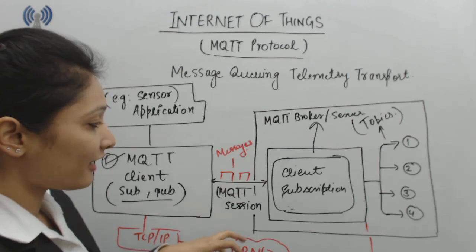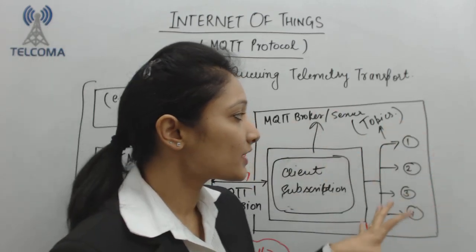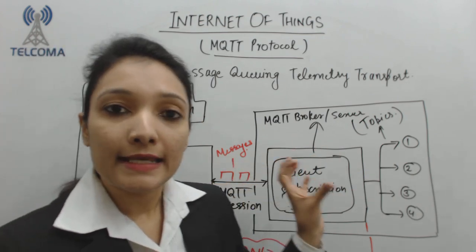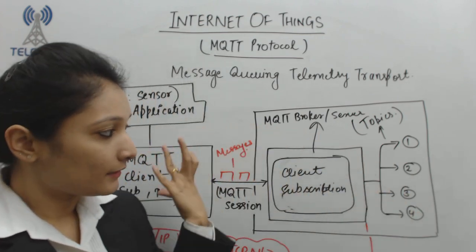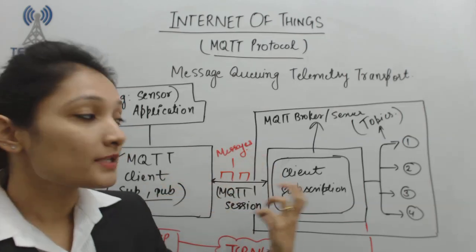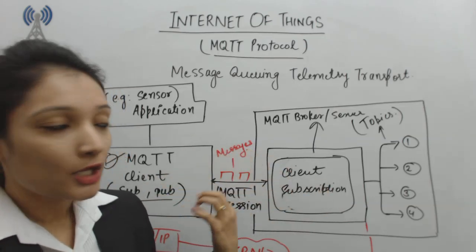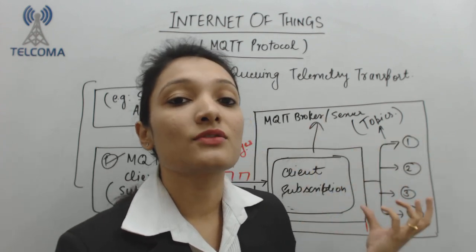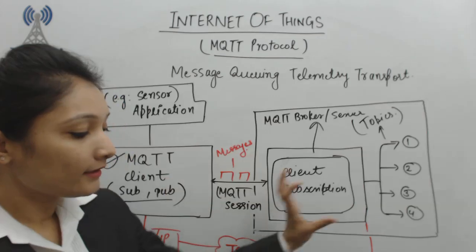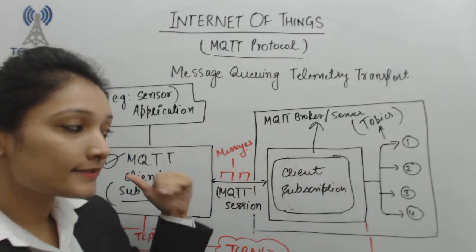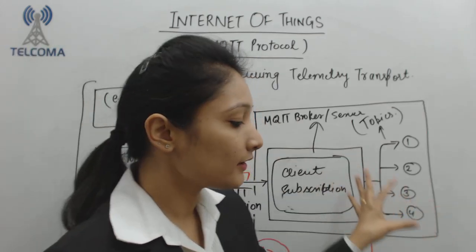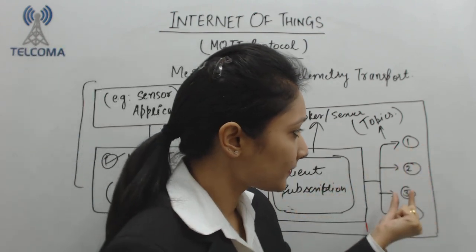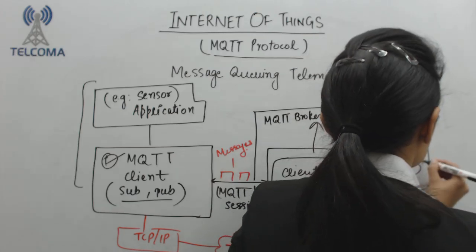Now after that I have my MQTT server, which has topics and client subscription. Now the server is here responsible for forwarding the messages which it receives. So it keeps the database of the various messages or all the information and then forwards those messages from the clients to the other clients here. Now I have these various blocks here.